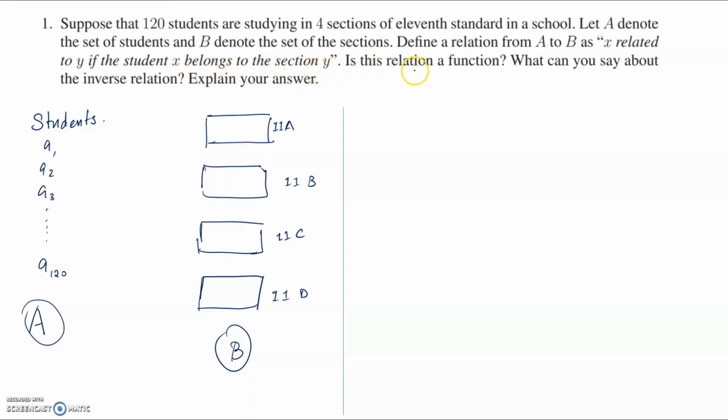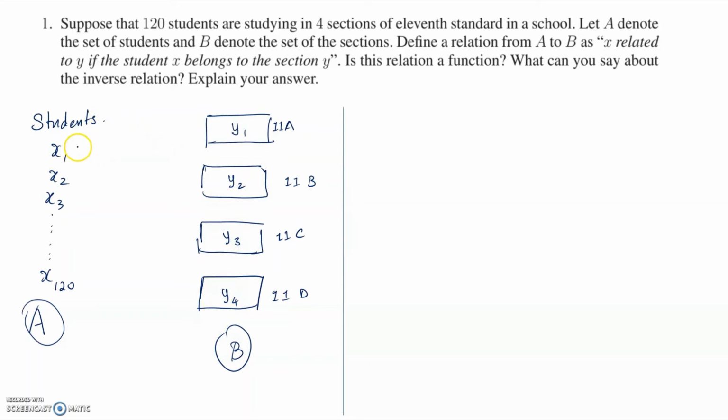Is this relation a function? Since it's been asked in terms of x, let's change A1, A2 to x1, x2. So we have students x1, x2, x3 up to x120. Then you have 4 sections, so let's call 11A, 11B, 11C and 11D as y1, y2, y3 and y4.